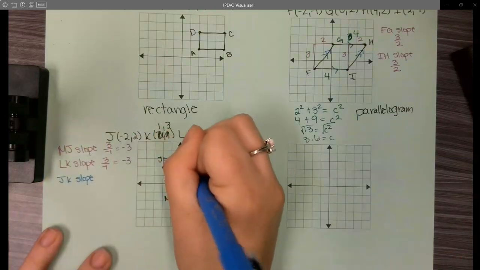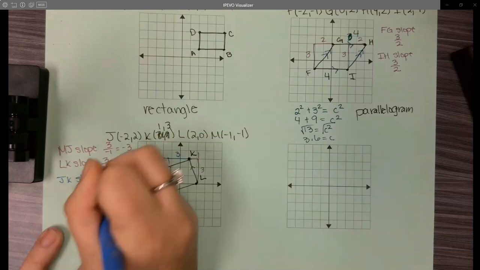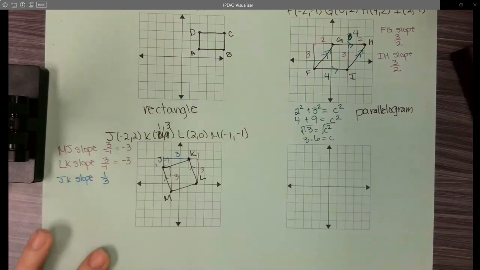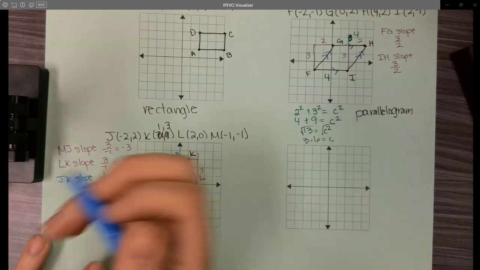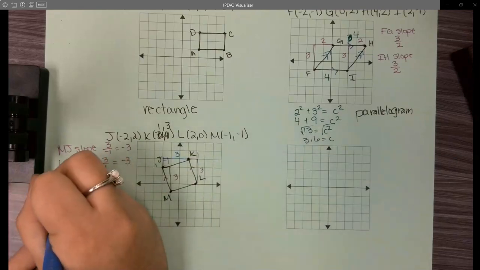I'm going up 1 over 3. And then I want to do the same thing for ML.